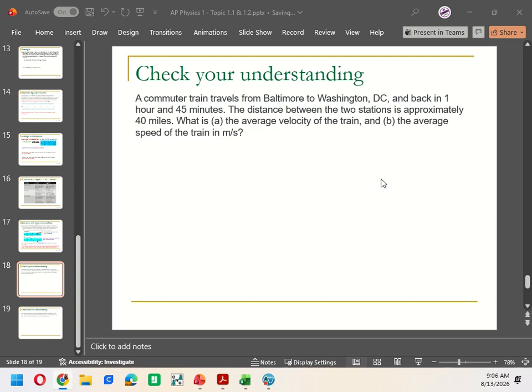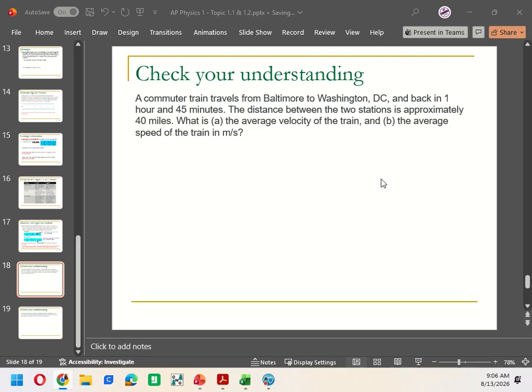Where did we start? In this problem, we started at Baltimore. In this problem, we ended at? So my displacement is 0 because I'm starting and ending at the same spot.